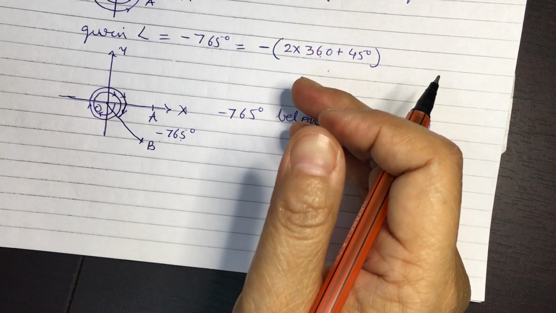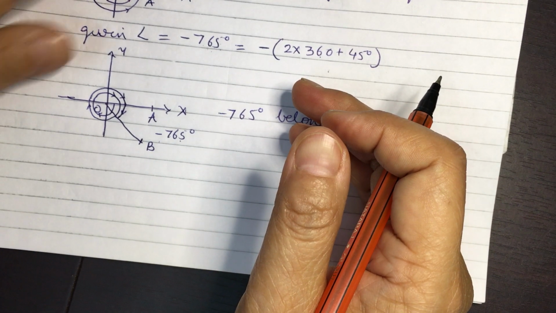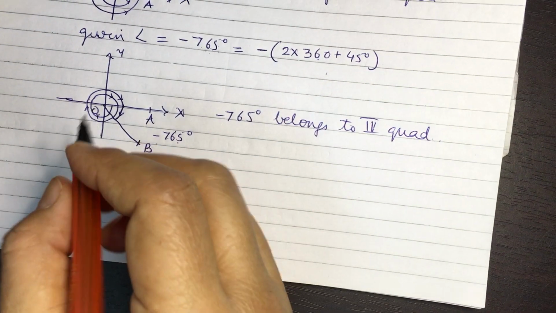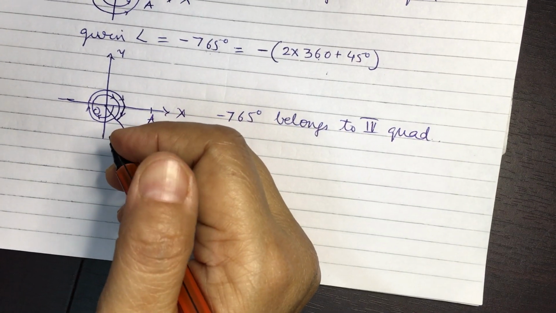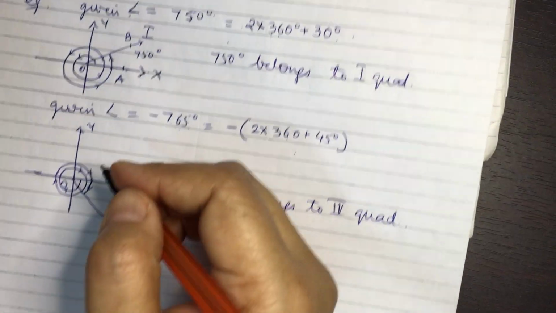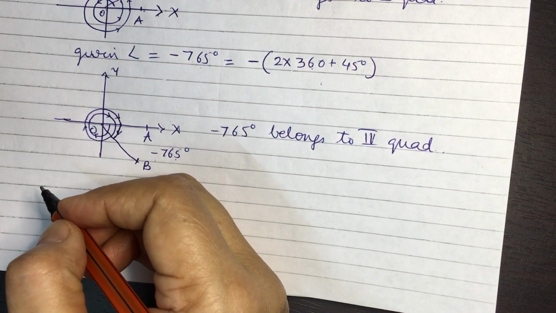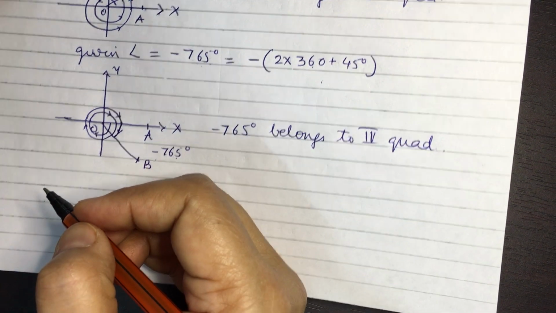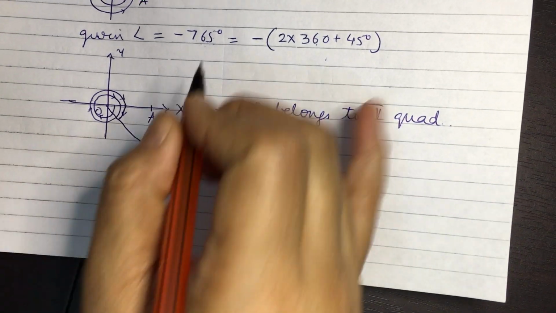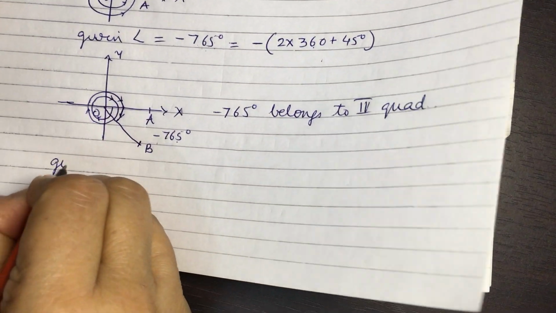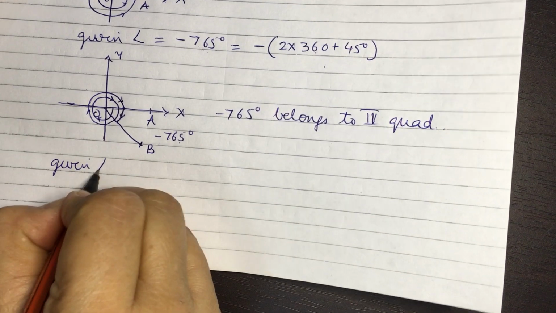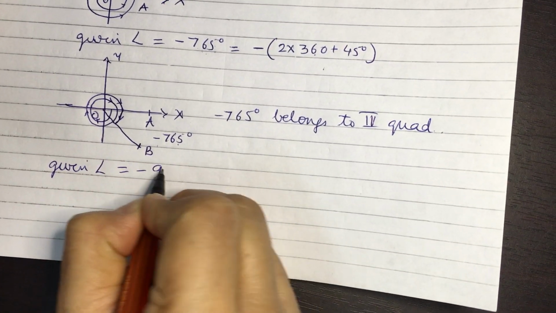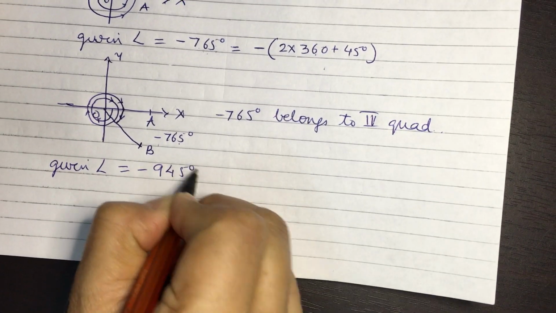Now let me take one more question. Let's say the given angle is equal to minus 945 degrees.